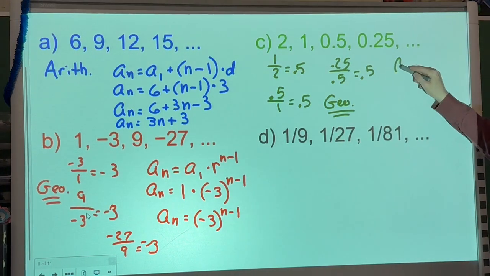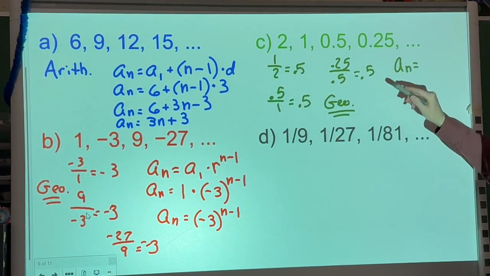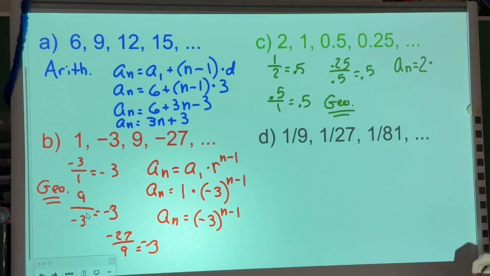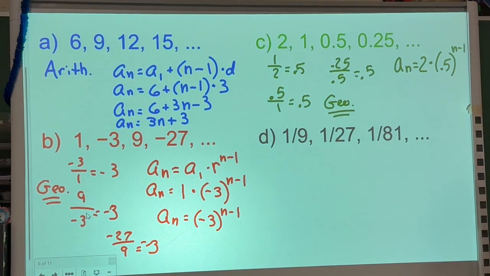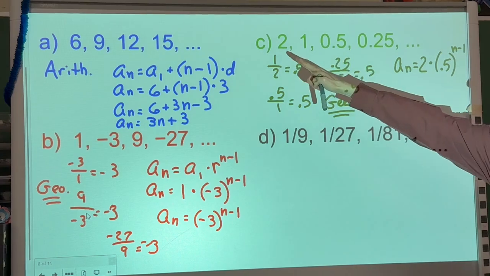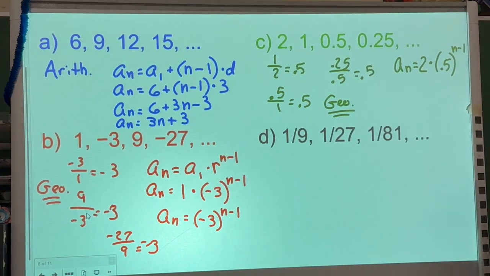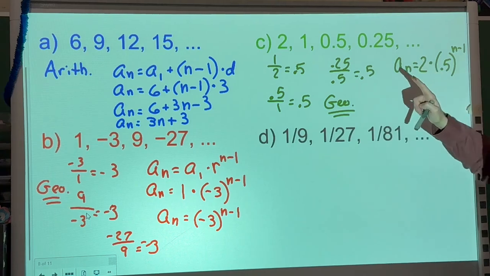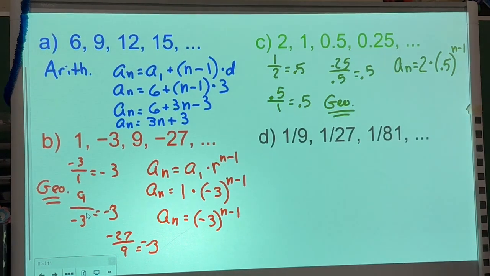Our formula, a sub n would equal my first term, 2, times 0.5 to the n minus 1. Plugging in 1, 2, and 3 for term number 1, term number 2, term number 3, you should be able to check and see that this formula gives you those first 3 terms.